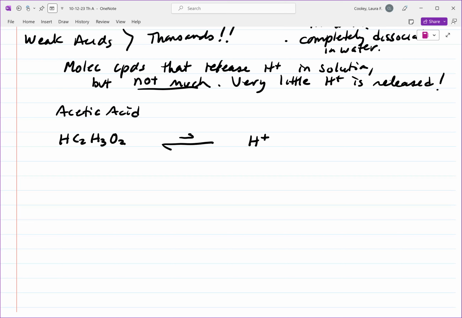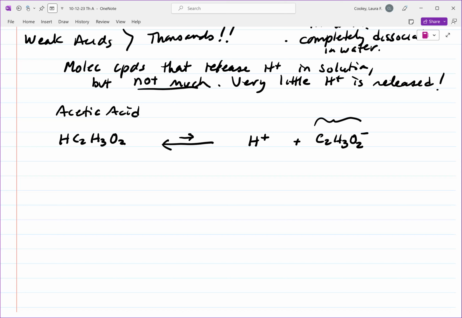So notice I drew a small arrow going forward. This only happens a little, and a big arrow going back. You'll learn a lot more about this in Chem 104, where we study equilibrium. But for now, let's just say that a little bit of H plus is released. And the other ion, does anybody recognize what this ion is from the polyatomic ion chart?